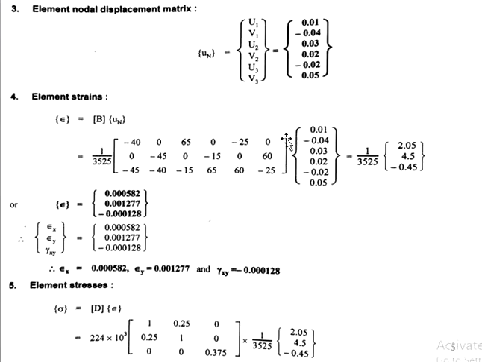So the ultimate product matrix size after evaluating is 3 by 1. So strain is a matrix given in 3 by 1, with respective strain in x, y and shear strain xy.